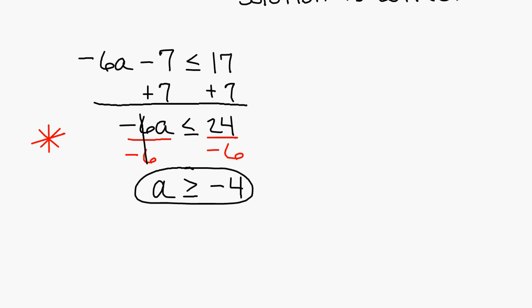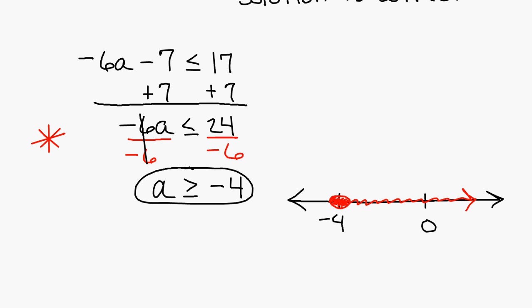So your solutions are anything greater than or equal to negative 4. That includes the negative 4. If you graphed your solutions, that's a closed circle on the negative 4, and it's everything greater than or equal to the negative 4.